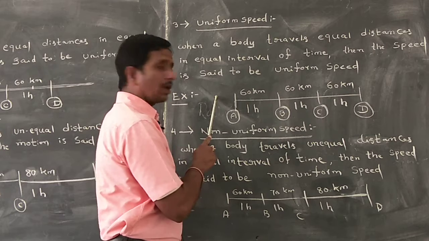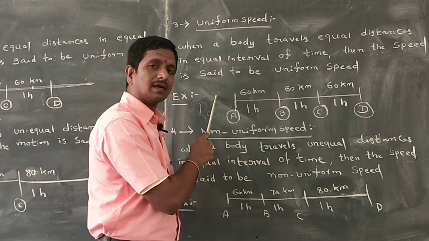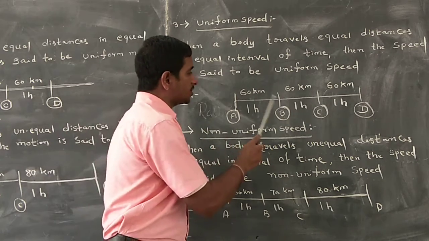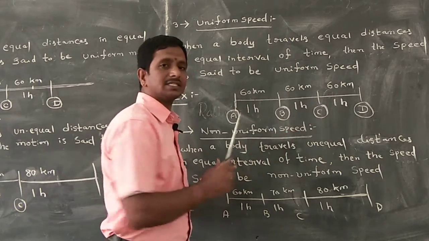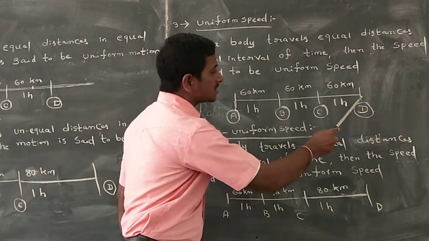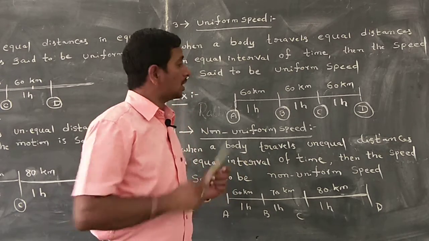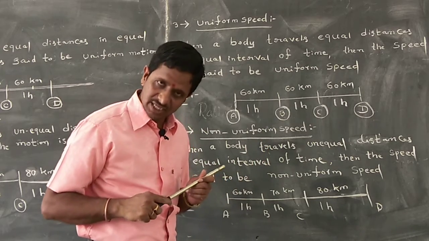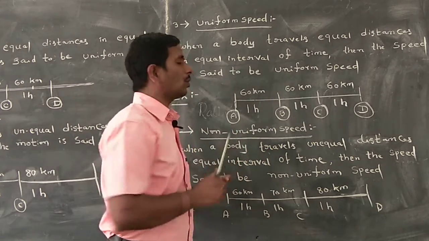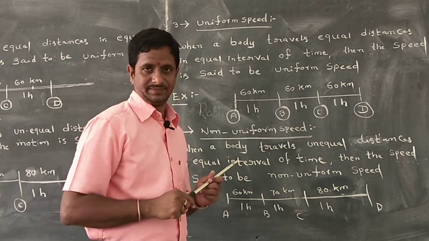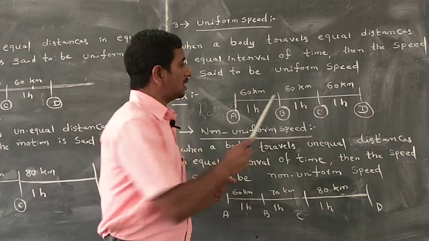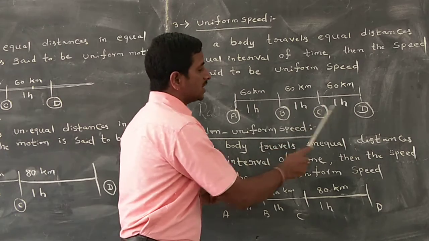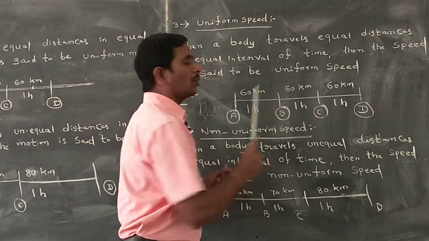Example, a body started at a point A. After some time it reached B, and after that C. Finally it is at D. During its journey from A to B, it covers a distance of 60 kilometers, B to C 60 kilometers, and finally C to D 60 kilometers.